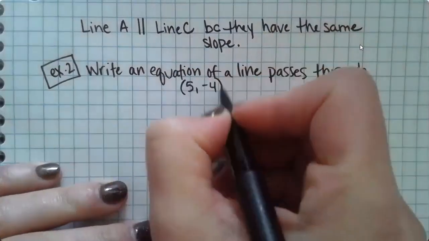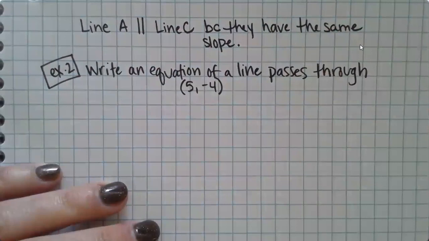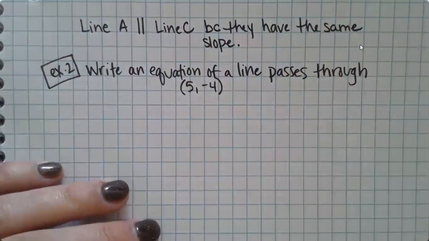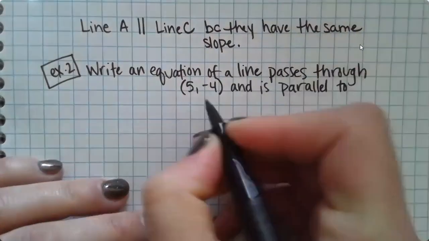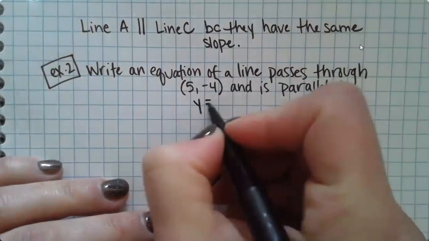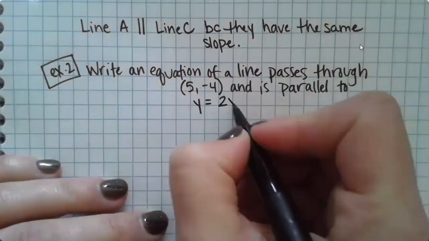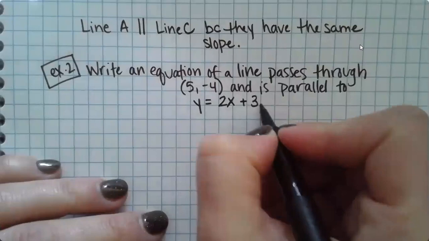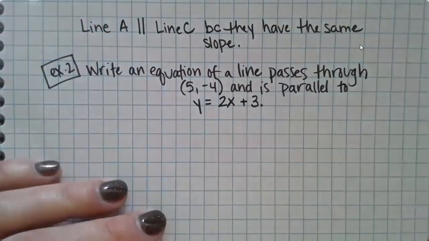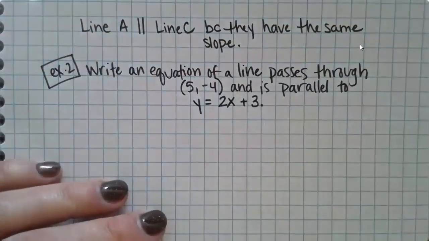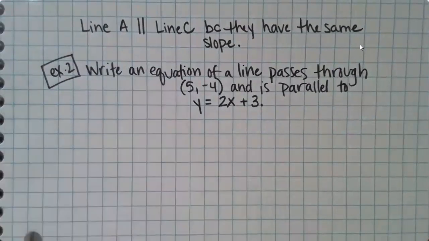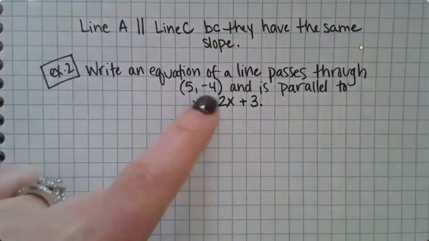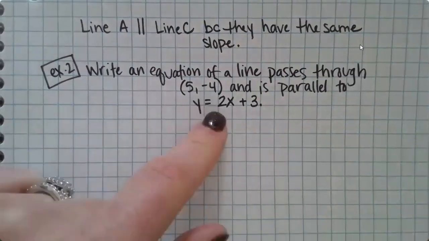So it passes through that point and is parallel to y equals 2x plus 3. So our job is to write a new equation of a line that passes through this point, but is parallel to this line.